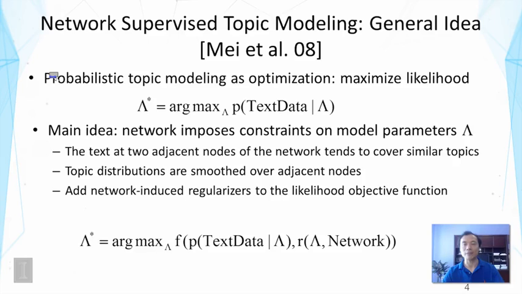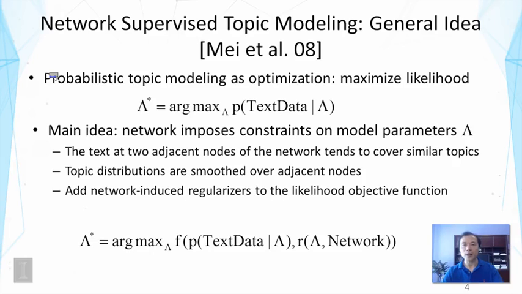So technically, what we can do is simply to add network-induced regularizers to the likelihood objective function, as shown here. So instead of just optimizing the probability of text data given parameters lambda, we're going to optimize another function, f. This function combines the likelihood with a regularizer function called r here.